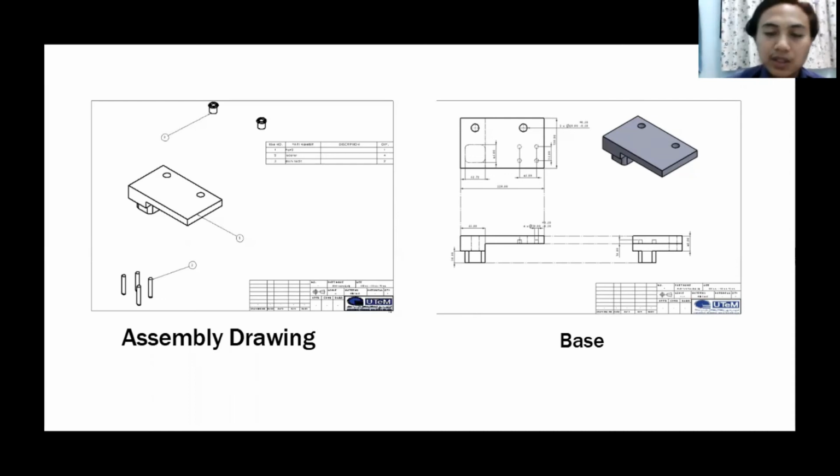The second picture is our drawing of the base template, which does not include the supporter and the locator. The dimension of our base is 220 mm by 130 mm by 70 mm. In this dimension, we add an extra 5 mm around the workpiece to hold it as it should be.